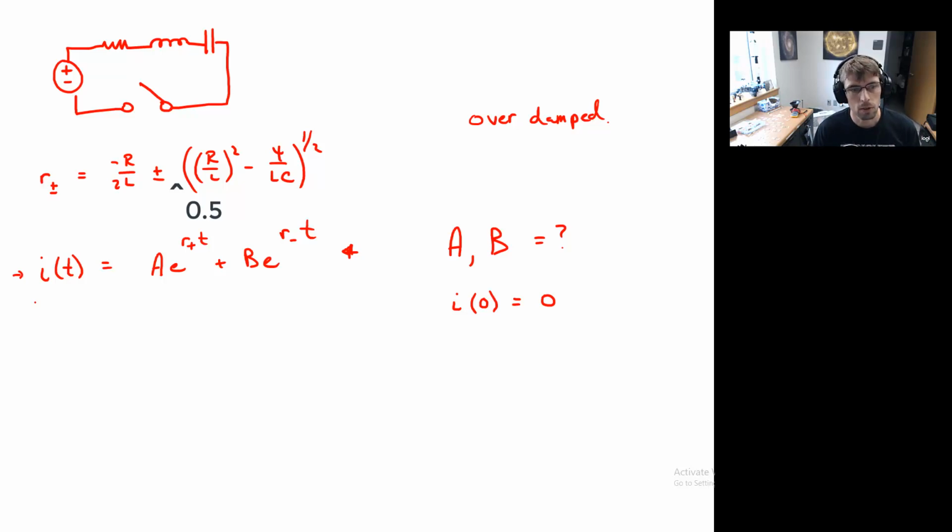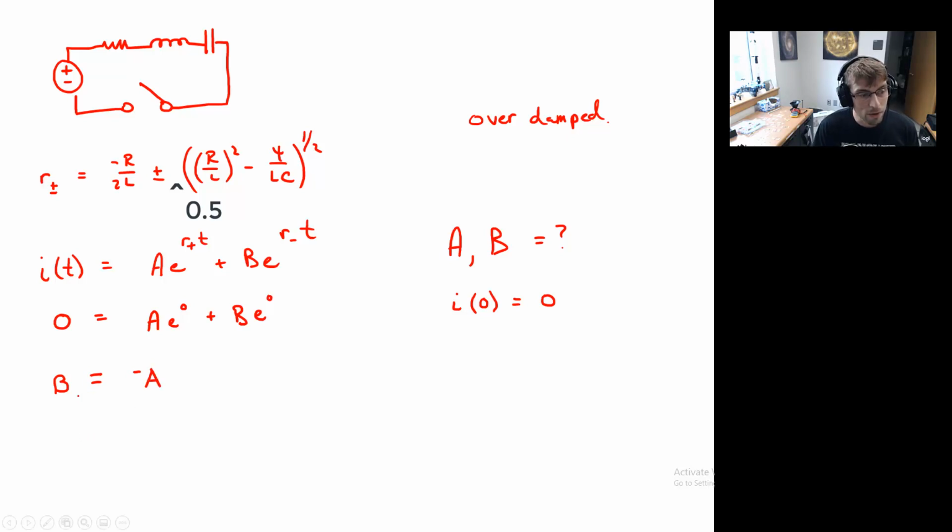Let's say the current at 0, and what I can do is plug in 0 for the time. So I have e to the 0 plus B e to the 0. Of course, e to the 0 is 1. And so I end up with my coefficient B must be equal to negative A. That helps out so much.